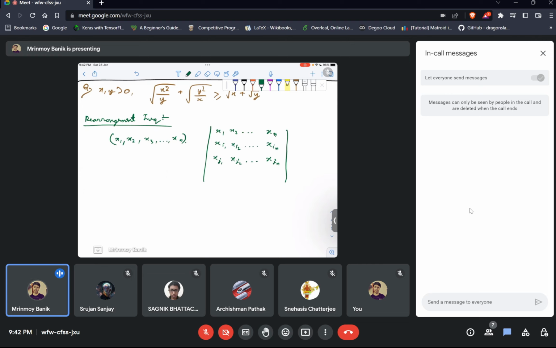Typically, we don't write permutations like this, so we can say sigma or pi is a permutation. So it's like a mapping from the set 1 to n to itself, which is, pi is a bijection.